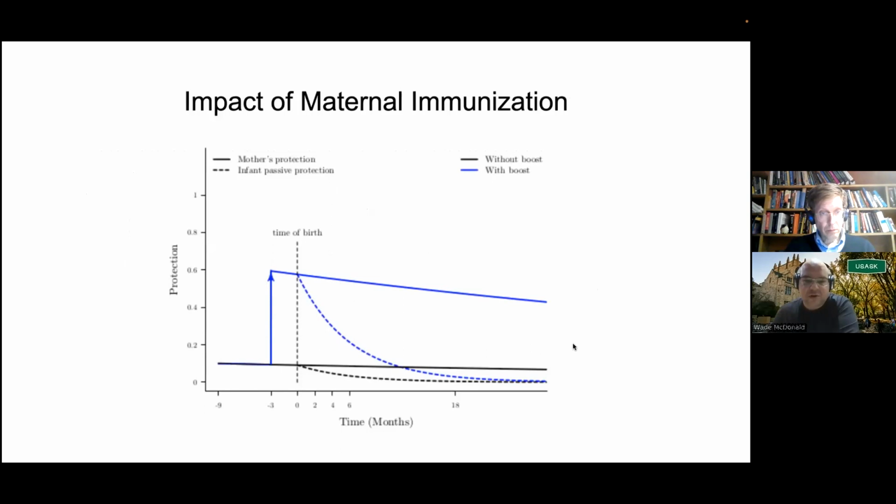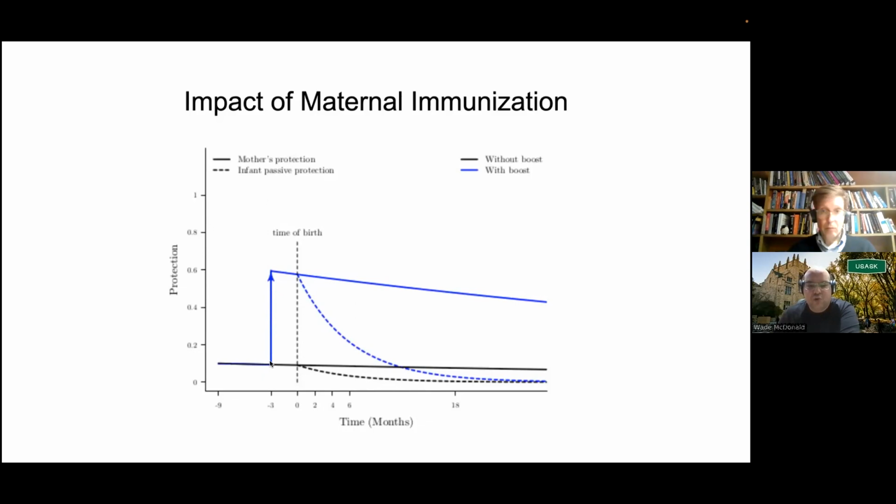This figure represents the effect of maternal vaccination. Solid black represents the mother's immunity, and the dotted black line represents the child's immunity, which decays rapidly following birth.